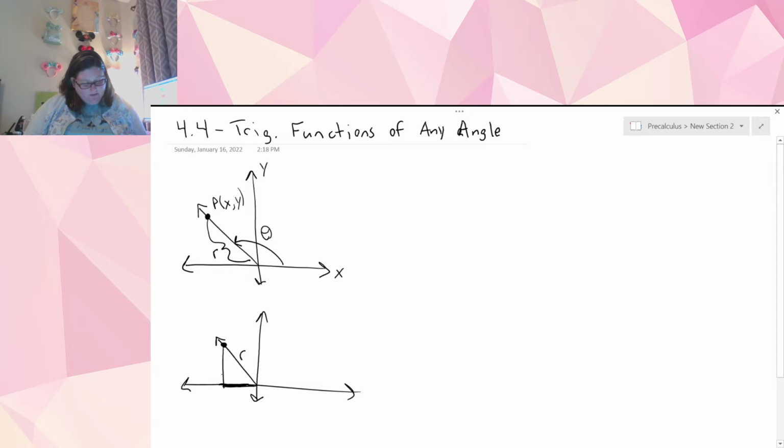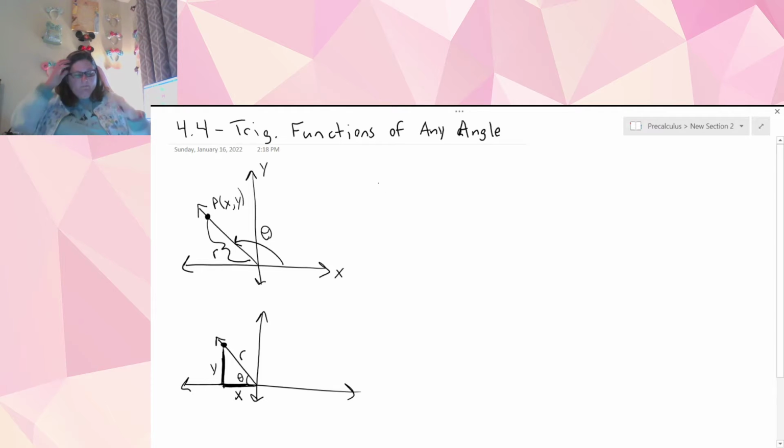So I can make a right triangle here. This value is x, and this value is y. So I can find the different trig ratios of that angle. So we're going to call that angle theta, okay? Or theta prime, whatever you want to call it.